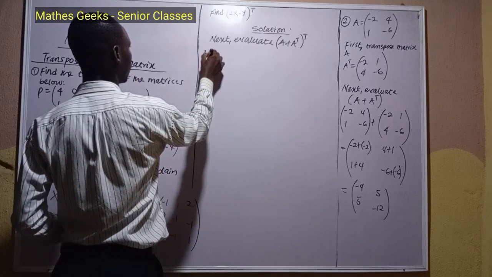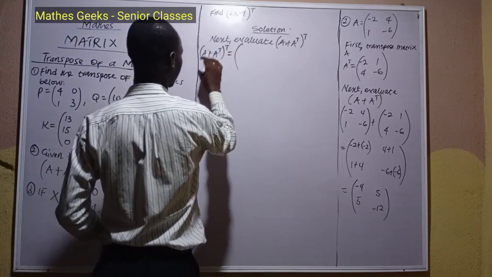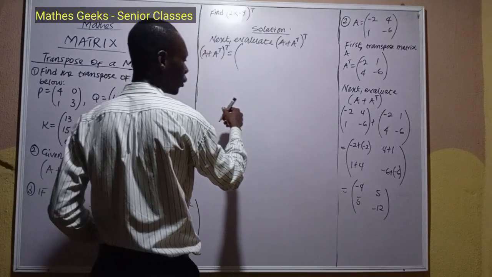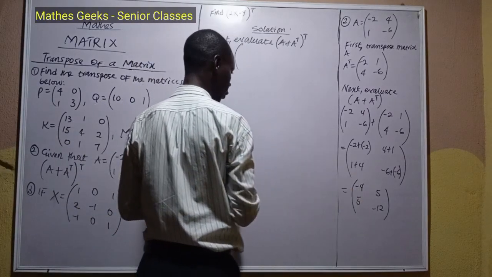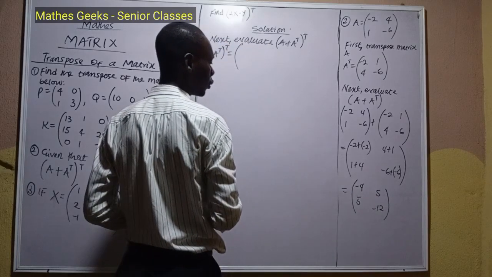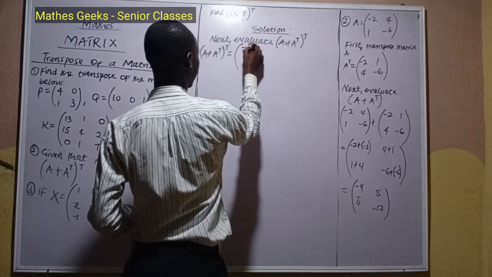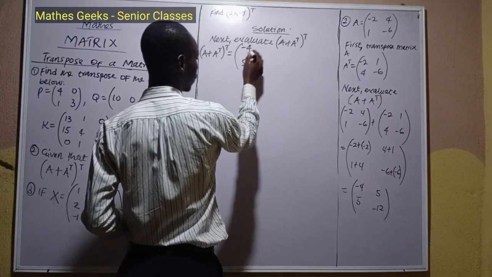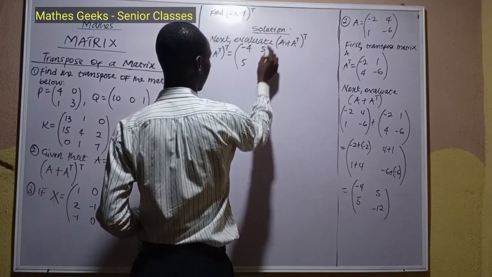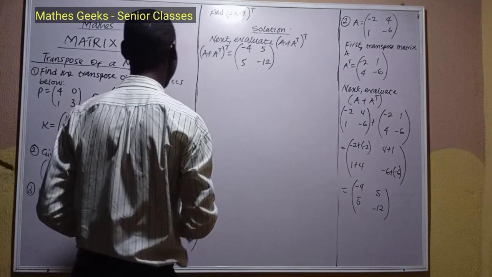With this matrix, we're going to turn the row into column. So the first row will become our first column. Second row will become our second column. This is it.